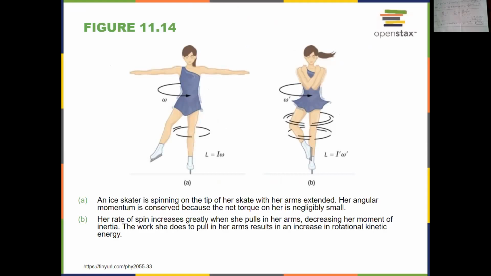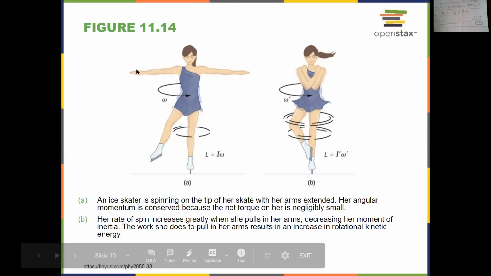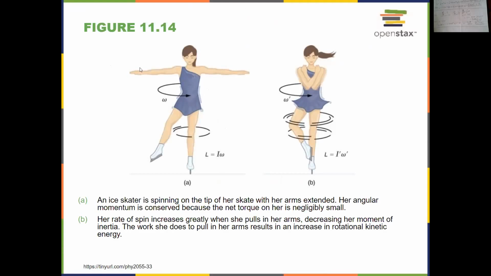Then they typically pull their arms and legs in, so their spinning speed increases. With arms and legs extended, they have more moment of inertia; with arms and legs pulled in, they have less. To keep the angular momentum the same, the angular velocity has to increase, so they can spin faster.